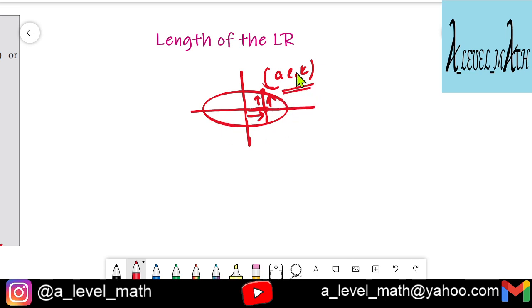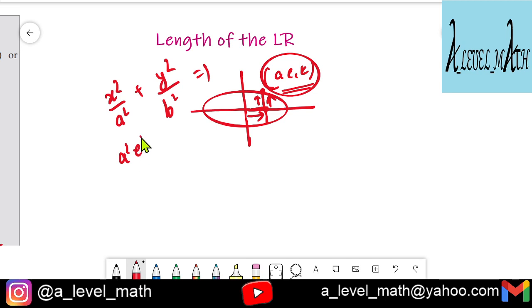Now I know that this AE comma K lies on the ellipse, so x square by a square plus y square by b square is equal to 1. If you plug in AE comma K into this equation, then you will get a square e square by a square plus k square by b square is equal to 1. And if you solve, you will get that the value of k turns out to be b square by a.